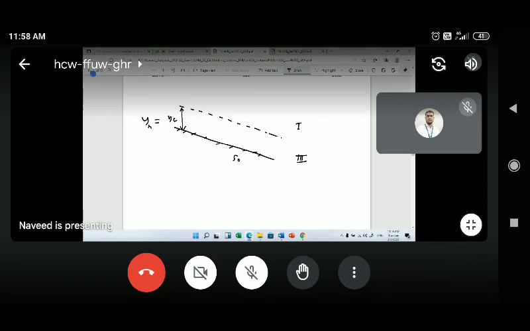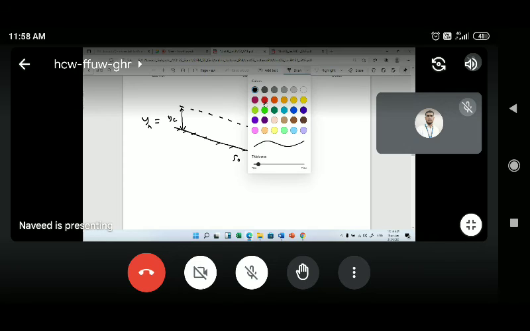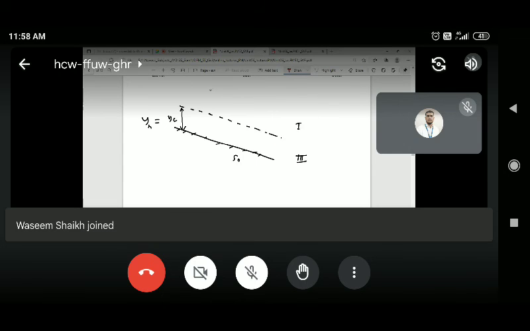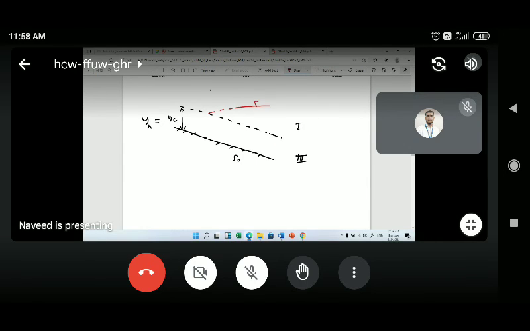Now here the actual depth, if it increases above the YC value, then your curve will be like this. It is positive and rising. Then again the other one. Oh, sorry, I will change the color.